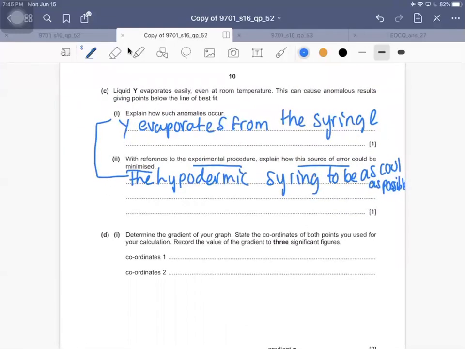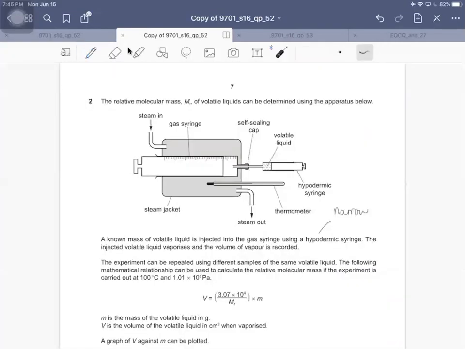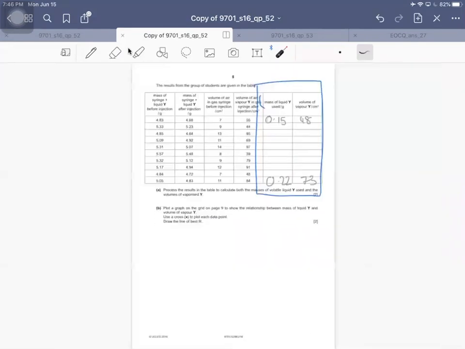Because temperature also affects the rate of evaporation. If you make this syringe really cold, then it will stay as liquid. Maybe at room temperature it evaporates, then put this in ice, or surround this volatile liquid with ice. At least you know that the liquid will not evaporate unexpectedly, because we do not want the liquid to evaporate. We want it to go into the gas syringe where the hot box is. So that's one error with the solution.